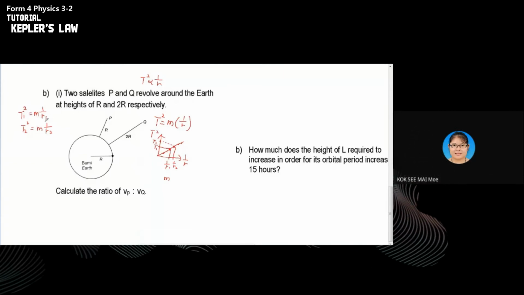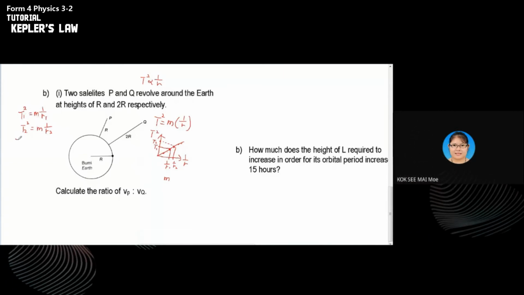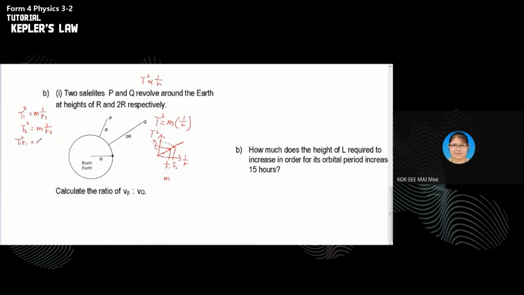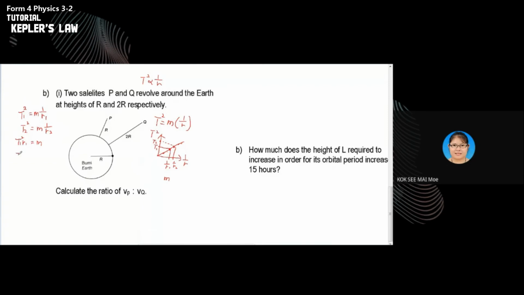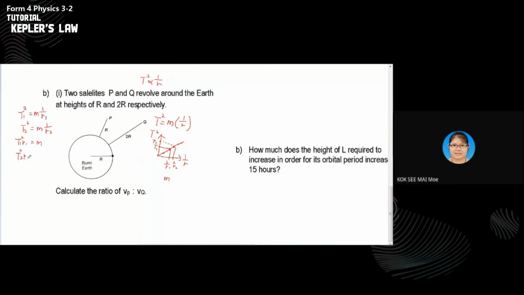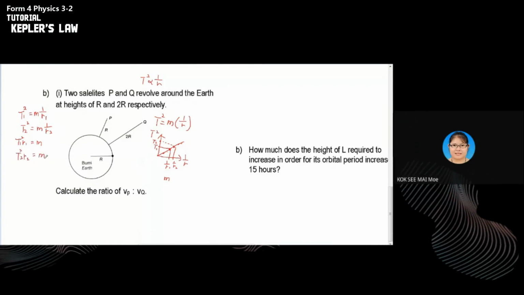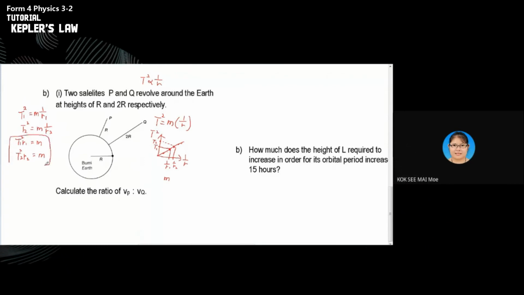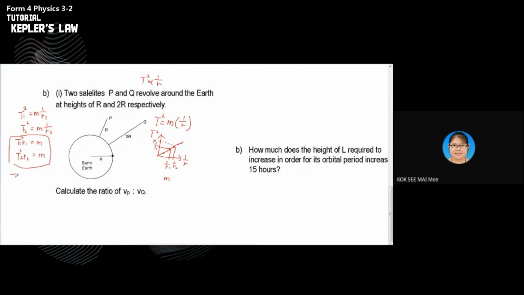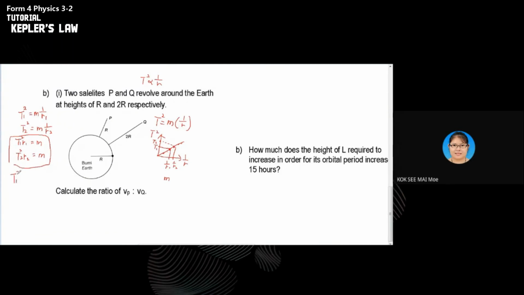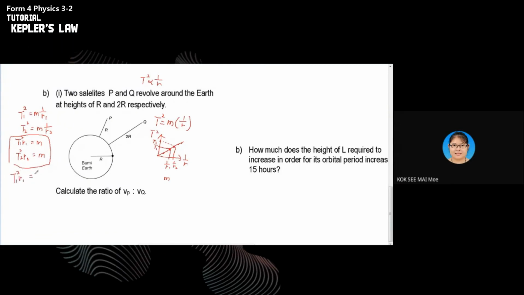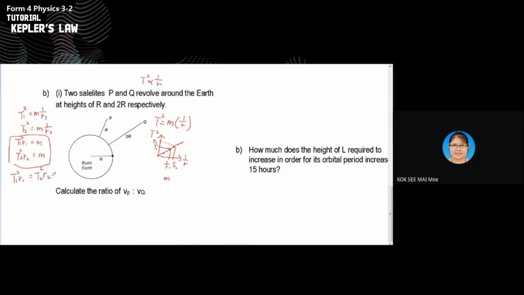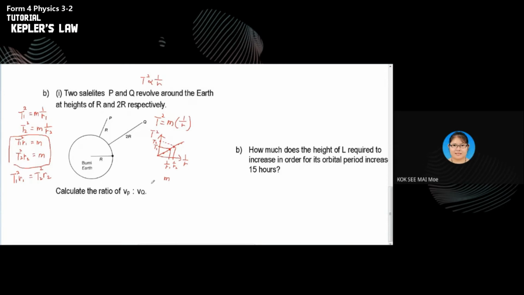So if I bring R1 over, T1 square R1 equals M. Then T2 square R2 also equals M. So I can put these two together: T1 square R1 equals T2 square R2. Understand this one?